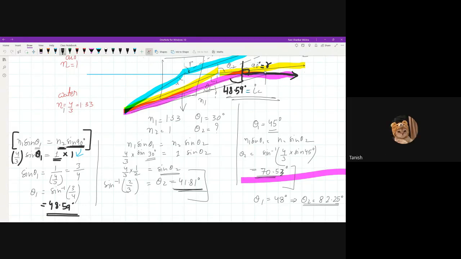Right, sir. That time you will be following the law of reflection. Angle of incidence is equals to angle of reflection. So this is called total internal reflection, TIR.